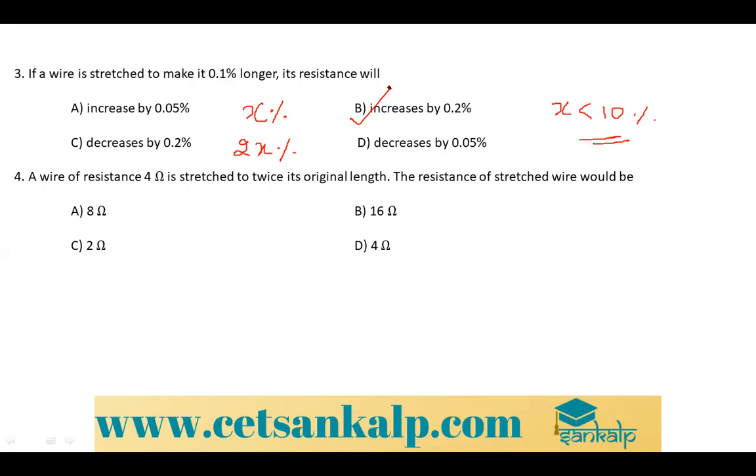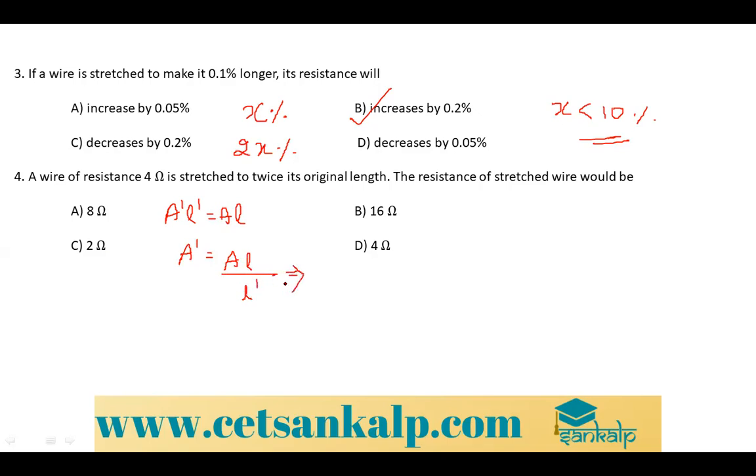Okay, next: a wire of resistance 4 ohm is stretched to twice its original length. The resistance of the stretched wire would be? Again the same thing. Since the volume is going to be the same, I can say A dash L dash is equal to AL. So A dash is equal to AL divided by L dash.